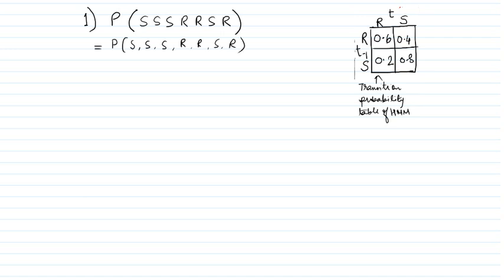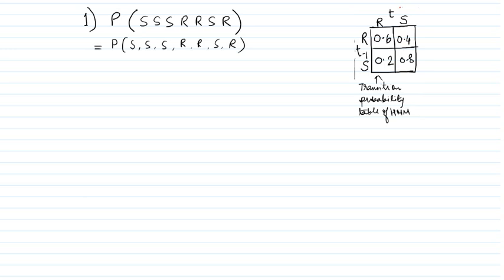If I apply the chain rule here, P of S given S S R R S R and so on, then it will be a very complex one.